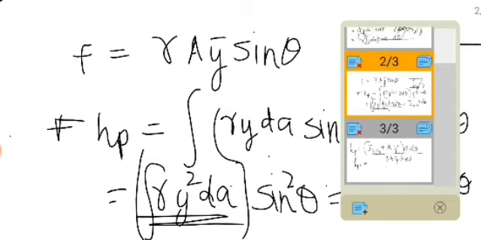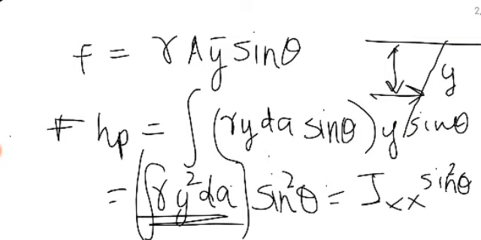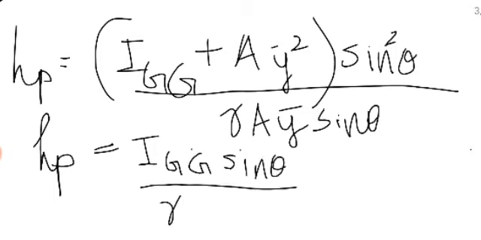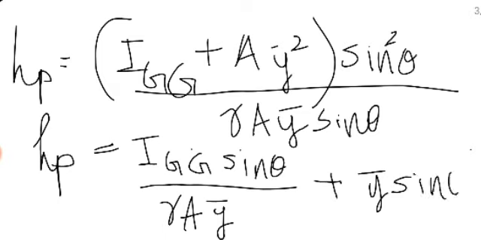So we will get this as Igg sin theta divided by gamma A y bar, plus y bar sin theta. Okay, I think you have got the point about this.